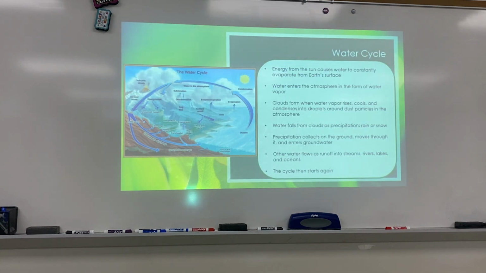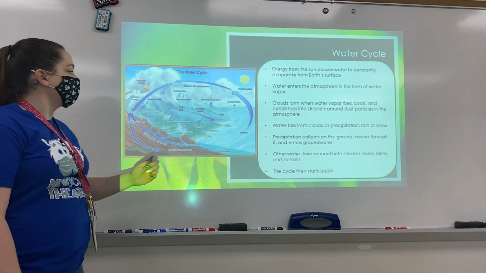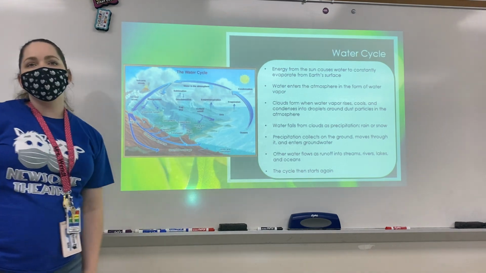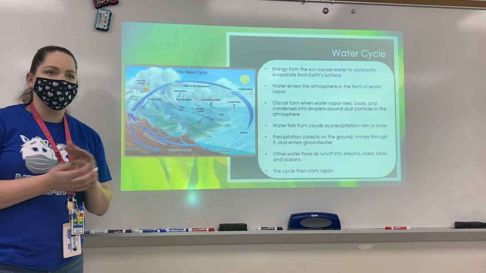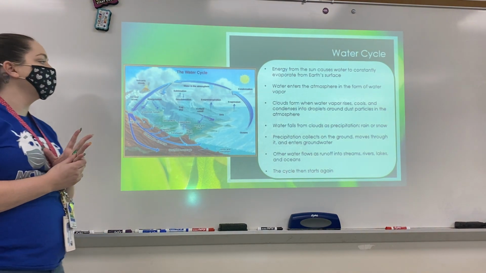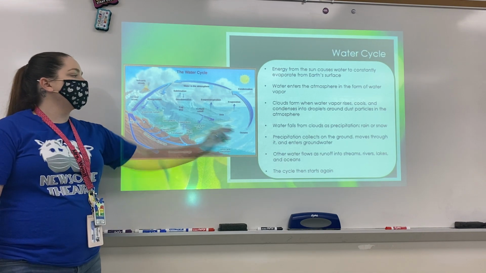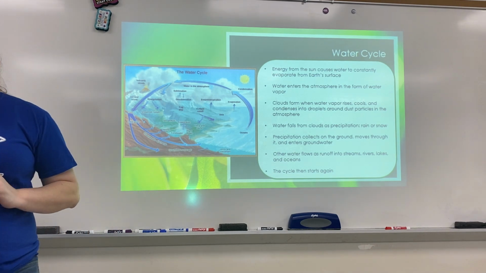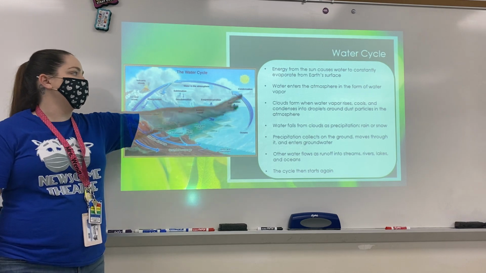So our first one is our water cycle. You guys should have been taught the water cycle before now, so this should be kind of a review for you. So we're going to start in our oceans, because that's where most of our water is found. The sun is going to heat up our water, and it's going to cause the water to evaporate.